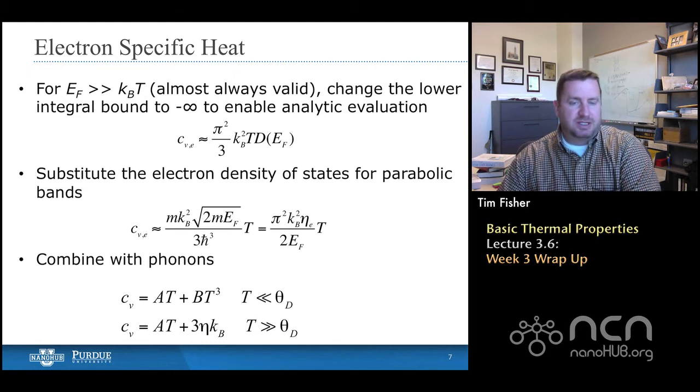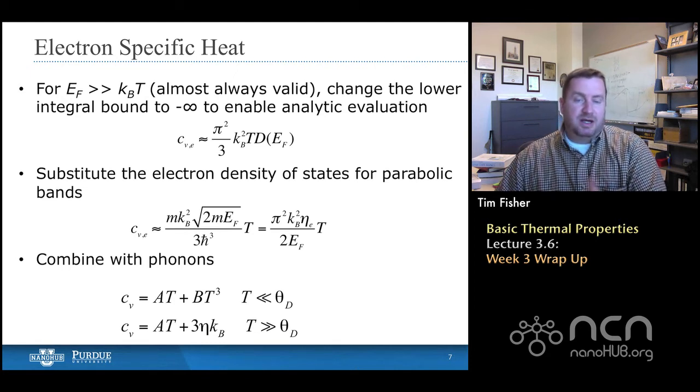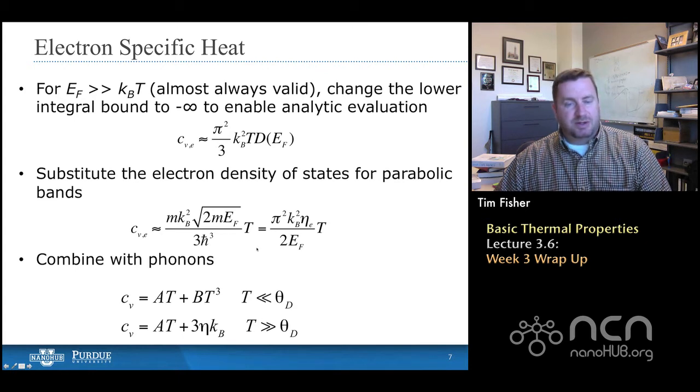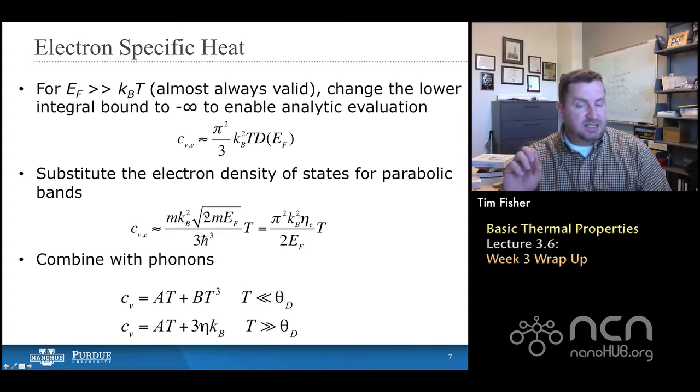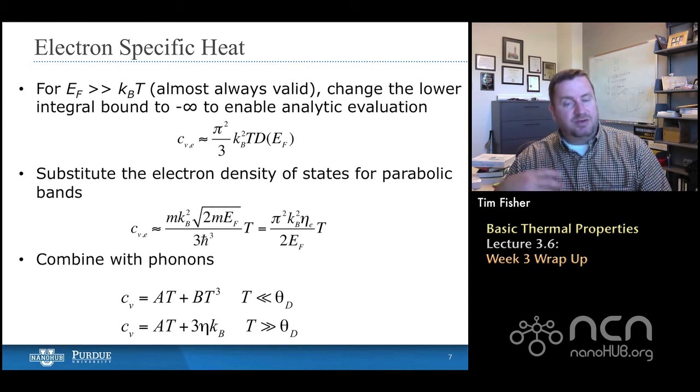And we could express this in a number of different ways. In the middle equations here, we've substituted a three-dimensional density of states. And again, that density of states is evaluated at a particular energy, that energy being the Fermi energy. We could also express it in terms of n sub e, the electron density, and that's shown in the last equality.